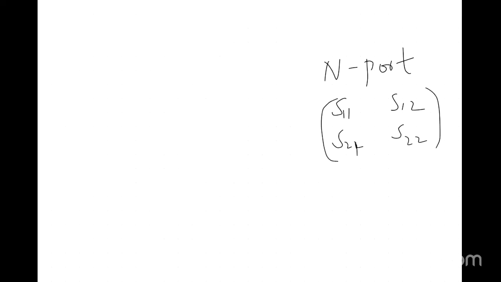For the N-port junction, how does the diagram represent it? Here I am taking input going to the output. In between, I have ports, entrances.